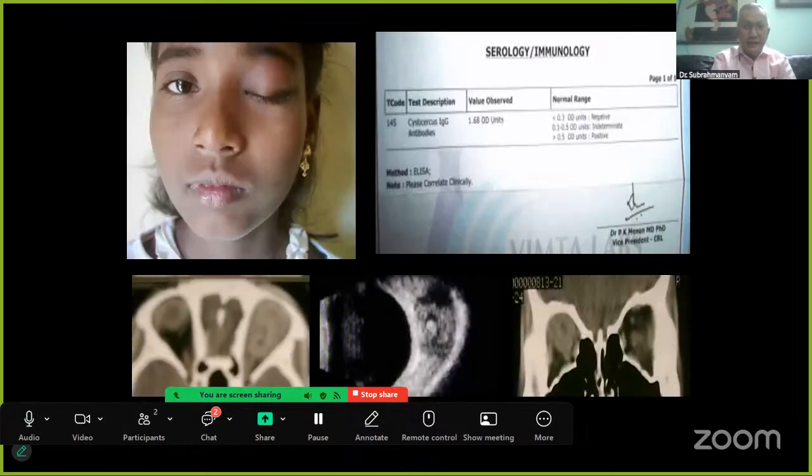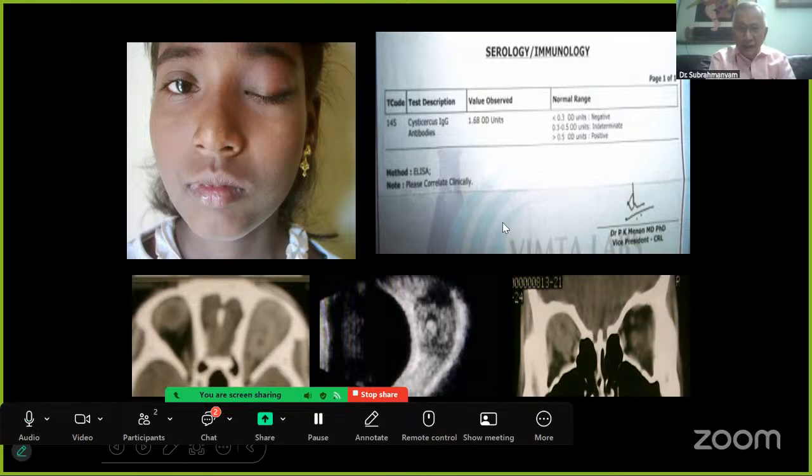Here is another case of proptosis with severe ptosis, fullness, and pain. You can see the congestion, and the CT scan has shown a hugely enlarged LPS superior rectus complex with a cyst and scolex, which is also demonstrated in the B scan. You can see this scolex so nicely, and this is the coronal section of the CT scan showing the hugely enlarged LPS superior rectus complex with a cyst inside.